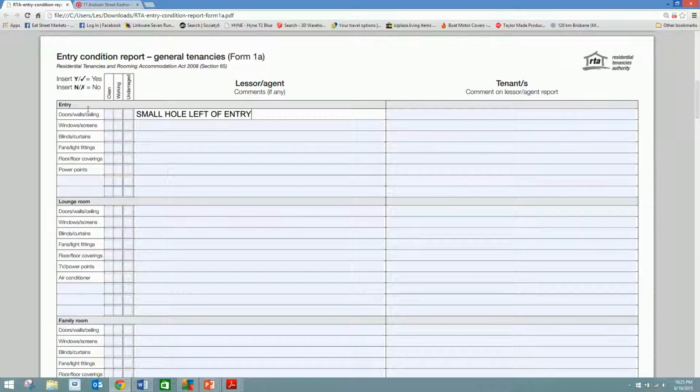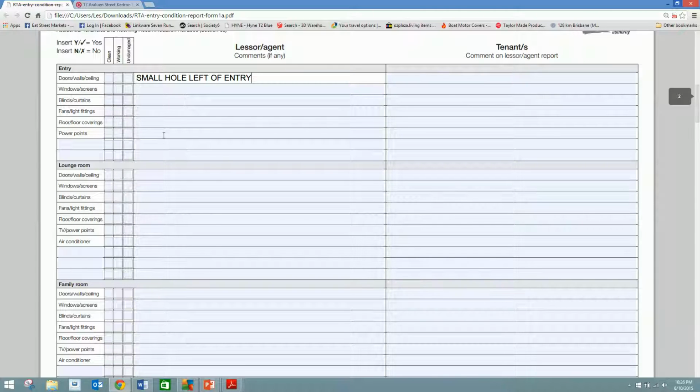So it's organised by room. There's the entry, the lounge room. So the lessor, so the landlord goes through and records any damage that they note, and they have pictures of it. It might say tear in curtain, for example.